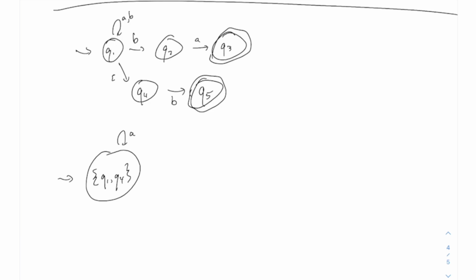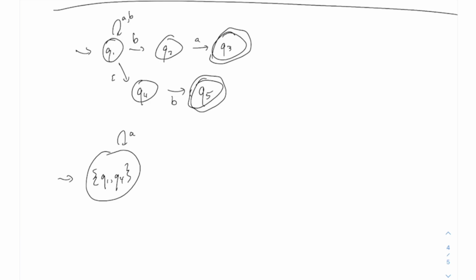You can do Q4, you're only doing one B. If you do epsilon from Q1, it goes to Q4, and then B goes to Q5. But it can also stay in Q1 or go to Q2.